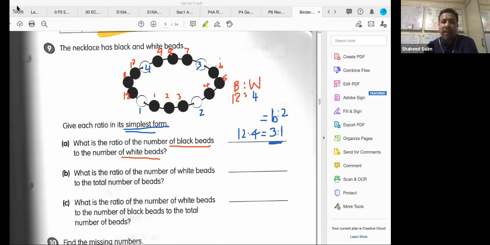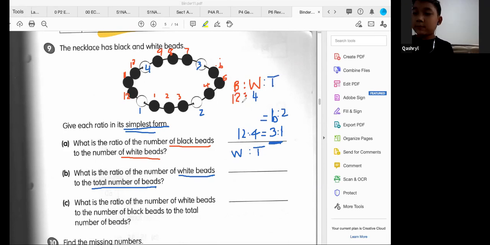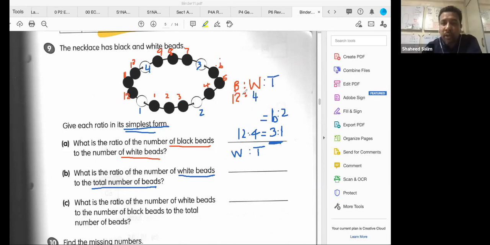Okay, so good try. And the next one, what is the ratio of the white beads to the total number of beads? So white beads is 1, 2, 3, 4. So I can write white, this is my working. T is total. So down here, where do I write the total? White is 4, black is 12, you add together, you get the total, 16.